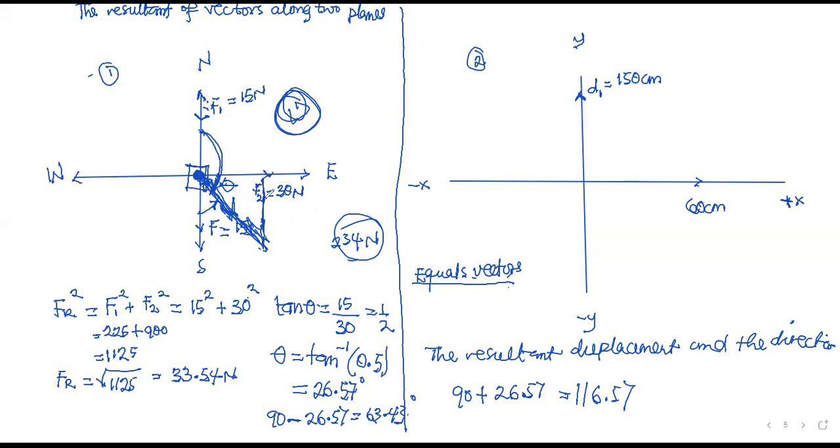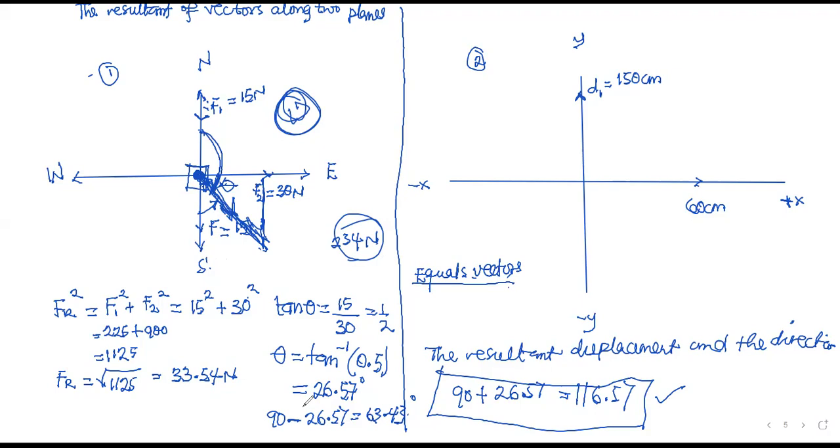But this is 116 degrees from the north, getting to the south. So this is the angle for bearings. It actually depends on how the question is framed. If it's general direction, you go by this. If it's from east, you go by 26.57. If it's from south, this is how you take the 63 point.